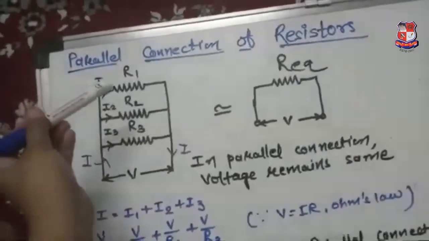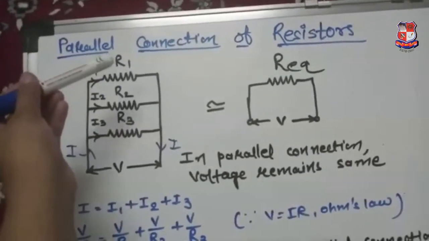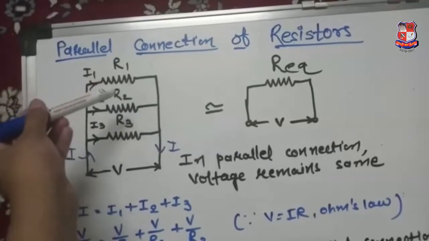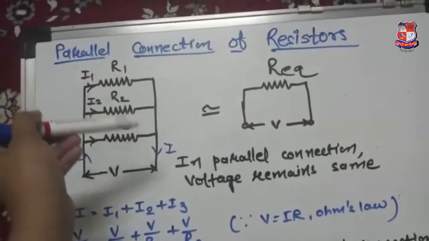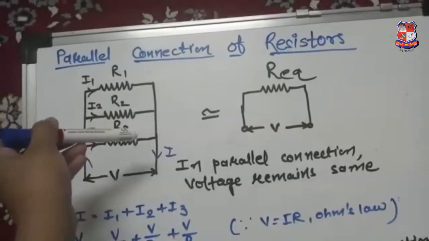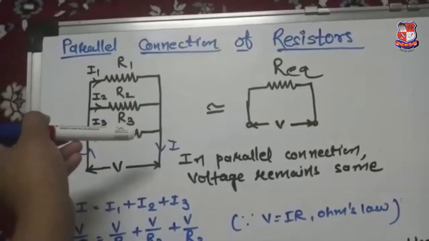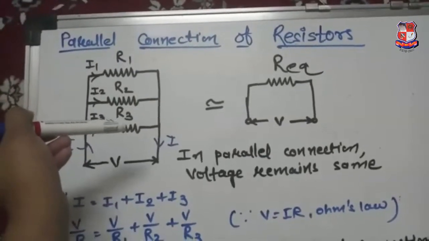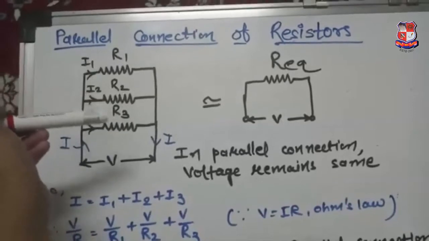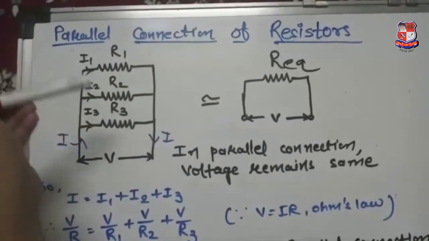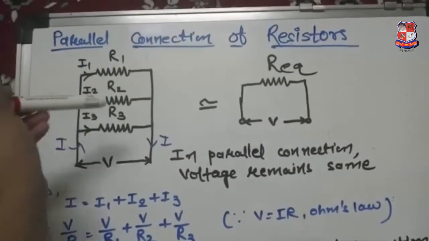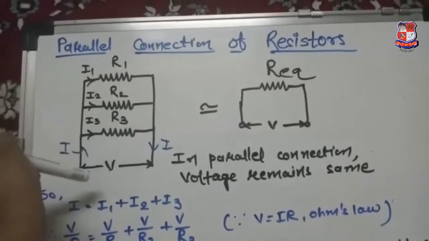See here, 3 resistors having values of R1 ohm, R2 ohm and R3 ohm are required to be connected in parallel. So what will be the connection? See, one end of all the 3 resistors are connected together and make one terminal.